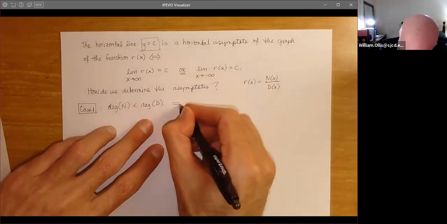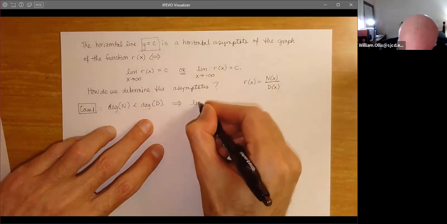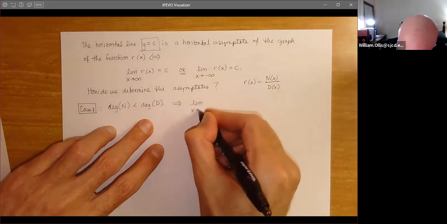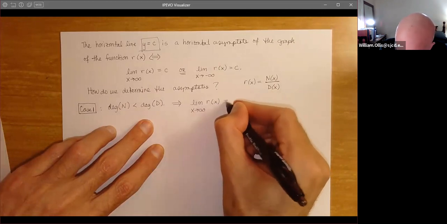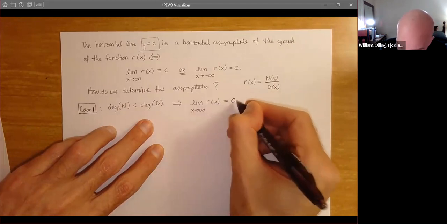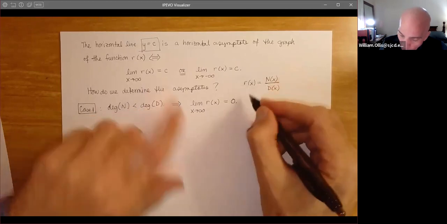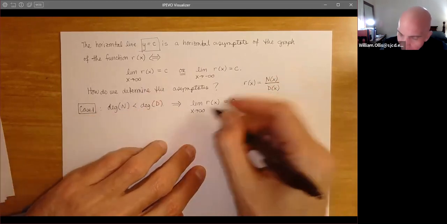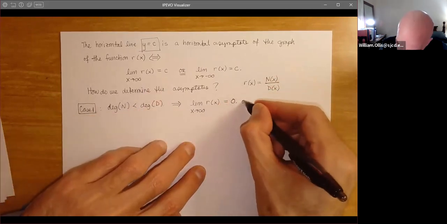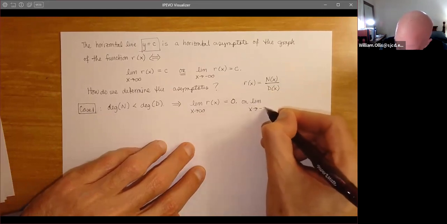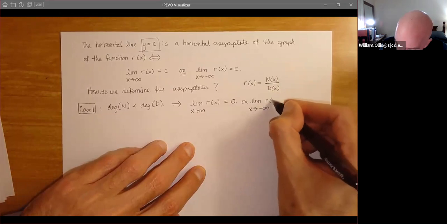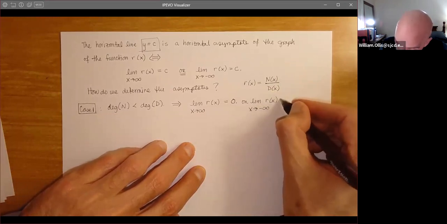Then this implies that the limit as X approaches infinity of R of X is 0. Or maybe I could do plus or minus. I'll do this too. Just go ahead and write them out. Remember, it's an inclusive or, one or the other or both.